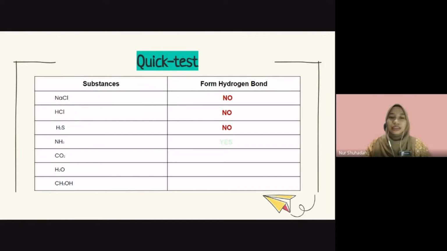Correct. Good explanation. So we have carbon dioxide. Carbon dioxide doesn't form hydrogen bond because it doesn't even pass the first requirement. For water molecule, it has hydrogen bond because it has hydrogen atom bonded to oxygen atom. Same goes for methanol. It can form hydrogen bond.